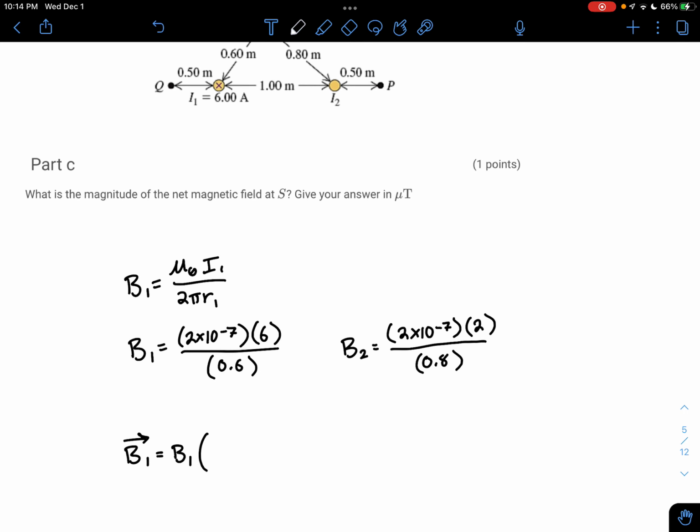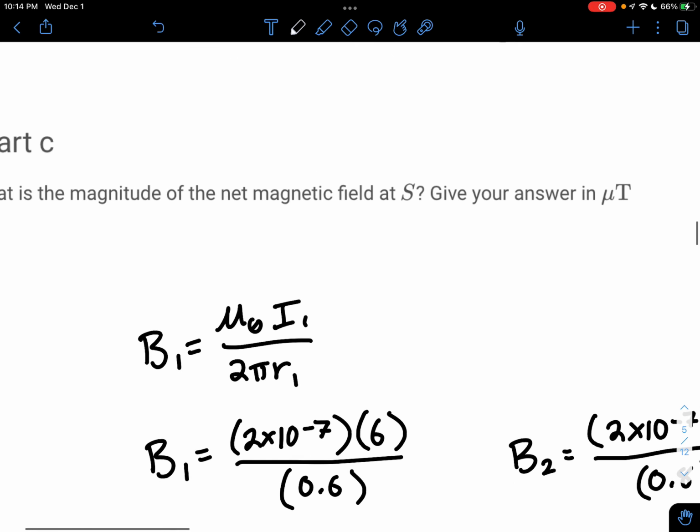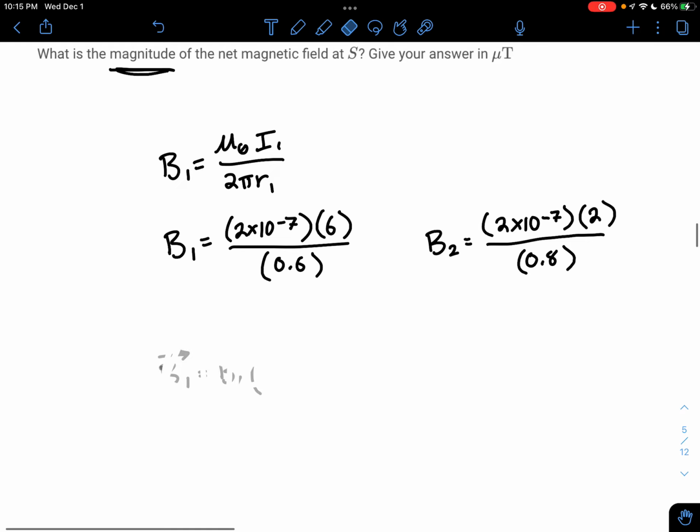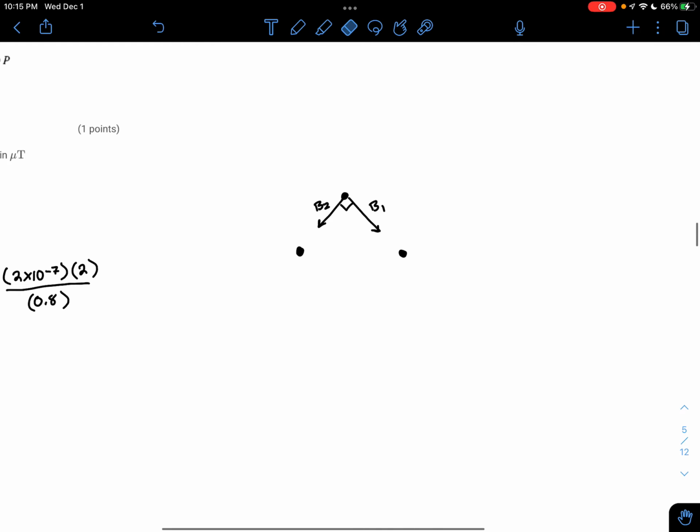I was going to break all of these into components and solve them out, but I just noticed something a lot more fun. We're only looking for the magnitude of the magnetic field, which means forget breaking them into components.